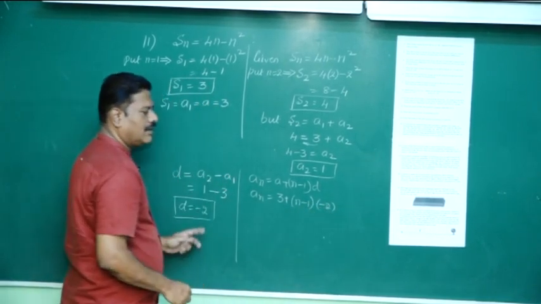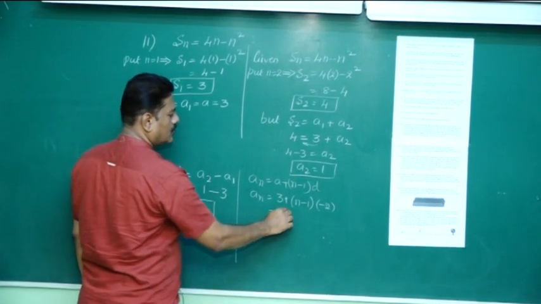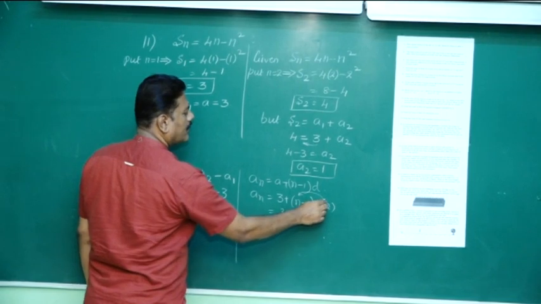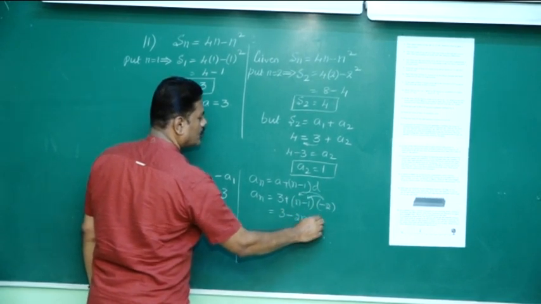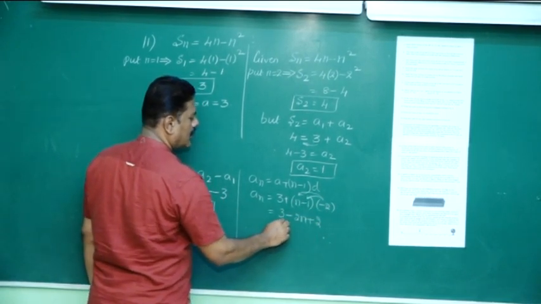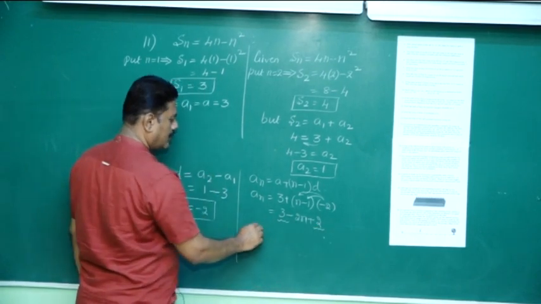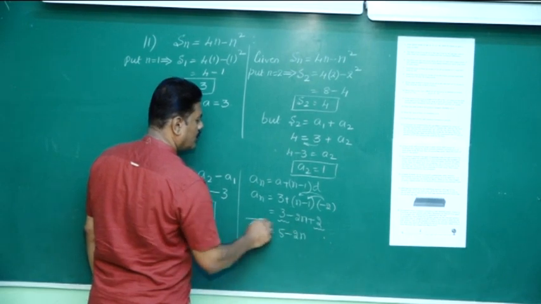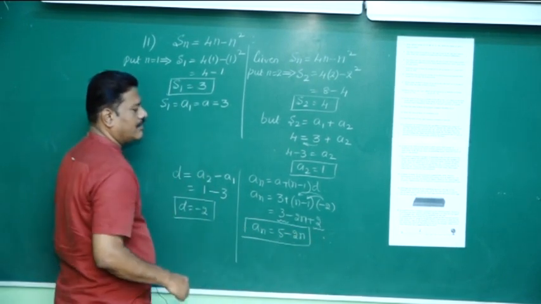So use the bracket, I told you so many times. So 3, now remove the bracket, minus 2n, minus into minus is plus 2. What is 3 plus 2? It is 5. So An is equal to 5 minus 2n.